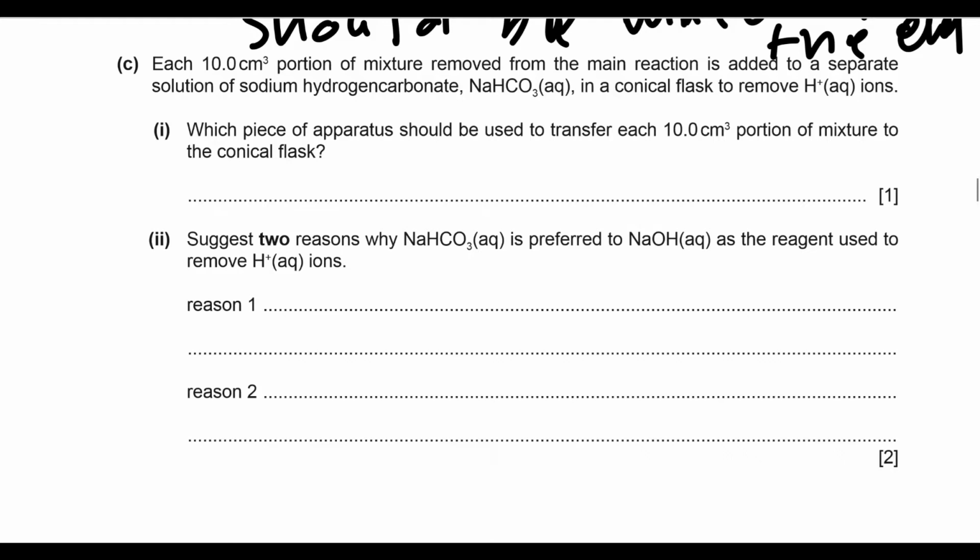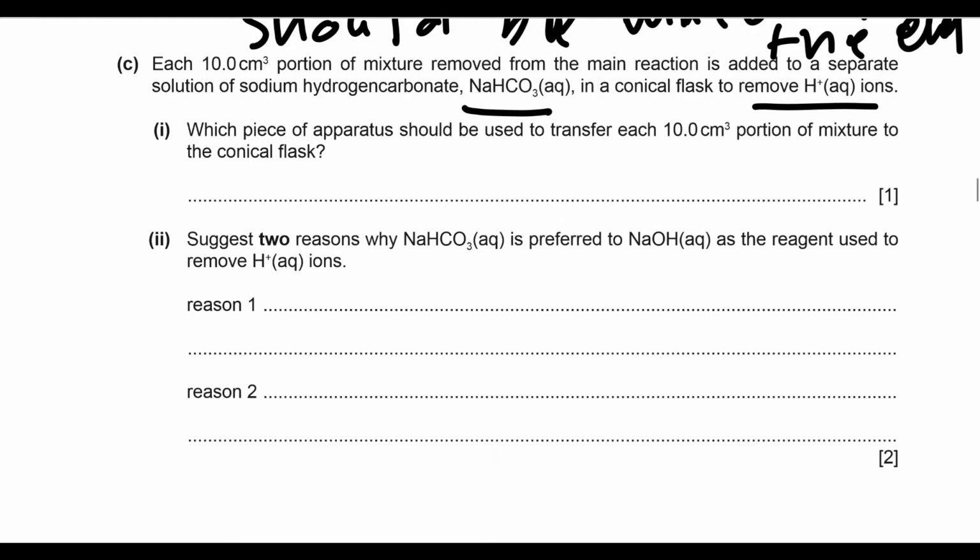This solution, we said, contains sodium hydrogen carbonate in a conical flask to remove the H, the catalyst. So when you remove the catalyst, the reaction will stop at once. So what do you need to transfer 10 cubic centimeter exactly from the mixture?